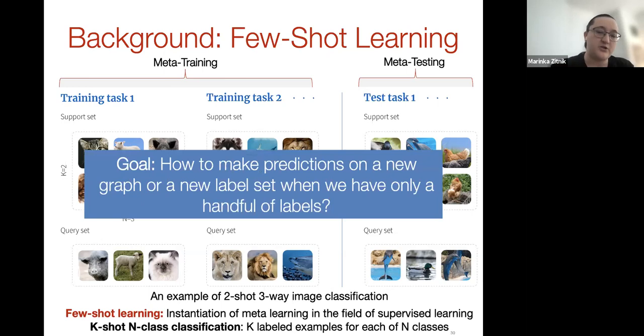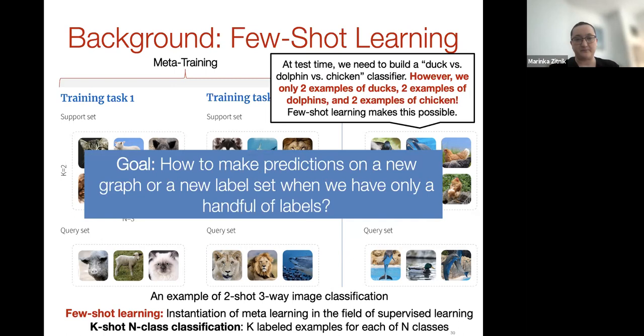So the goal of this project, first from the ML standpoint, is how can we design few-shot learning schemes for graphs? Because we had to make predictions on a completely new label set, in our case for a completely new disease, COVID-19, by essentially having only a few or no examples of labels.